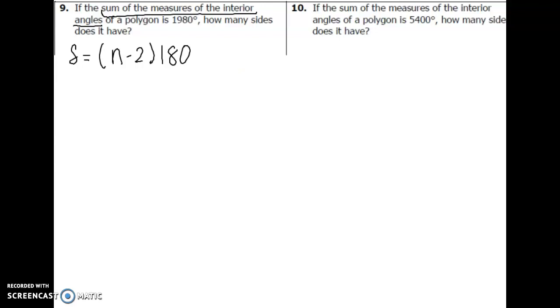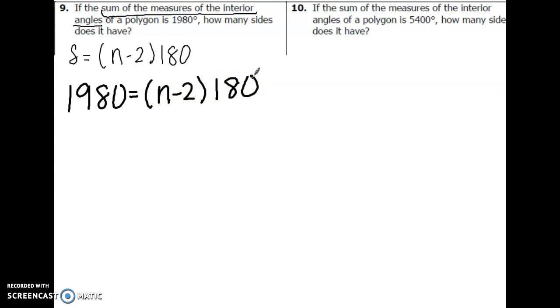So what we do is we take the sum of the measures, which is this S, and we replace it in order to find our n, which is our number of sides. So instead of S, I'm going to say 1980. Again, n minus 2 times 180. If you don't know where to start, you can talk it back to yourself.